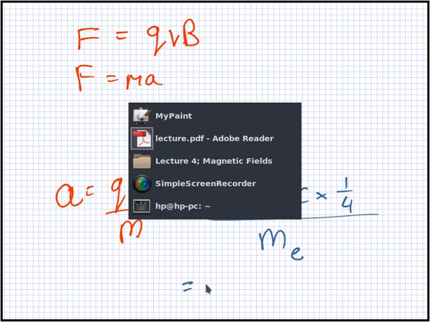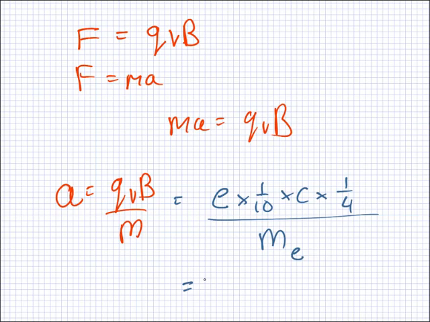It's electron, 9.11 times 10 to the minus 31. The answer is 1.32 times 10 to the 18. I gave it to you in the previous lesson.